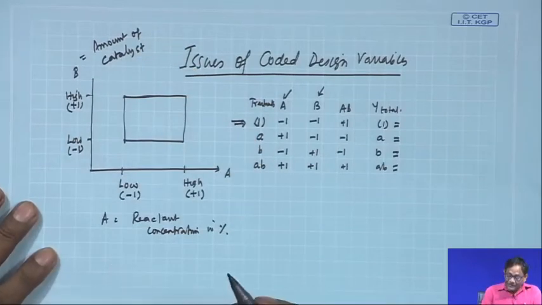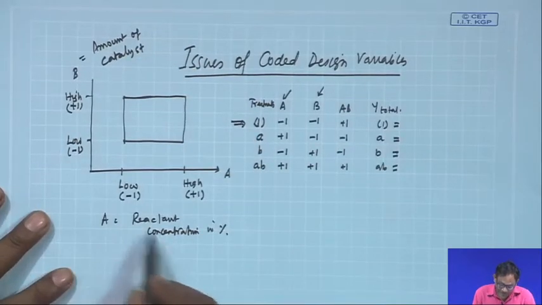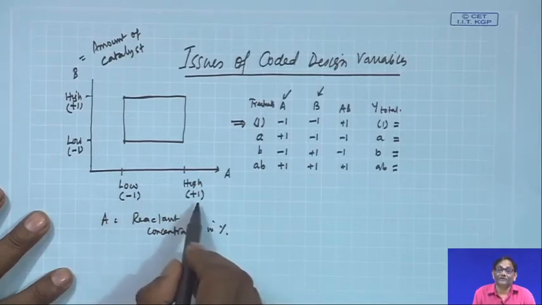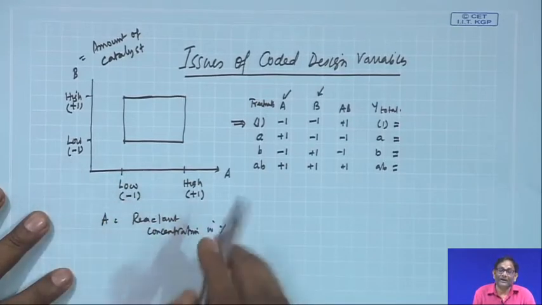When you actually conduct the experiment, there is no -1, +1 or low and high.